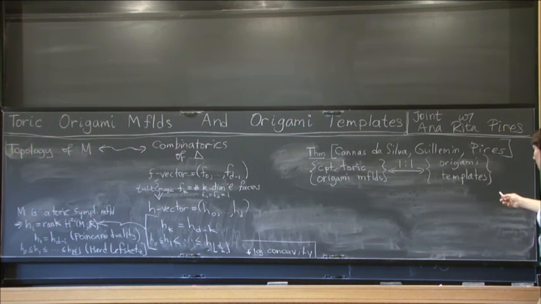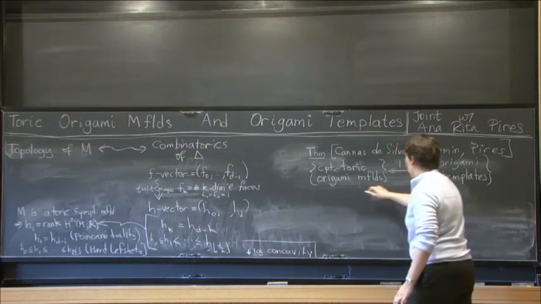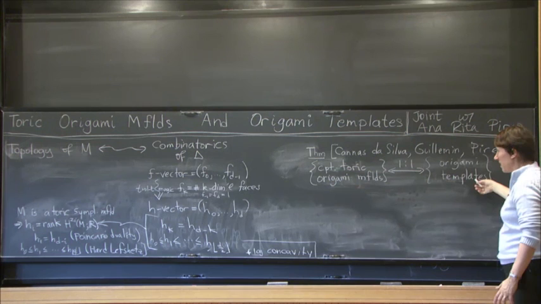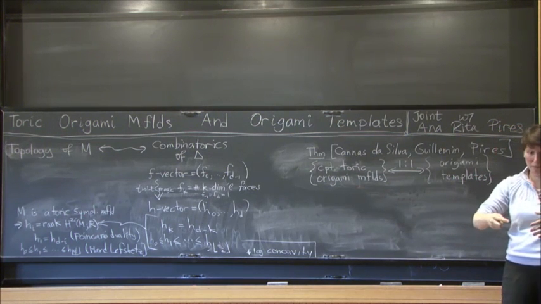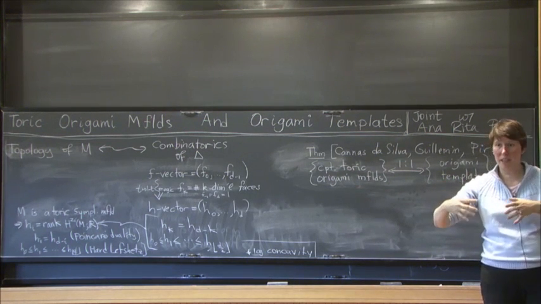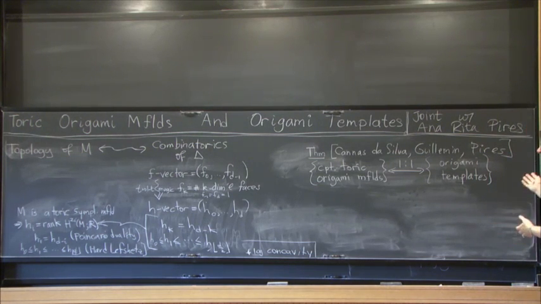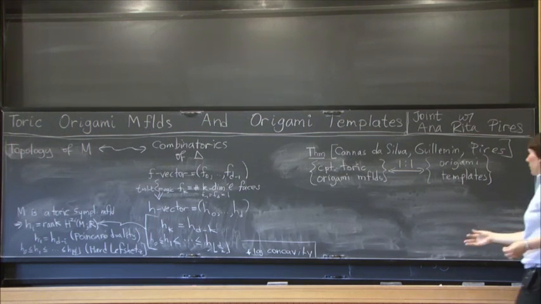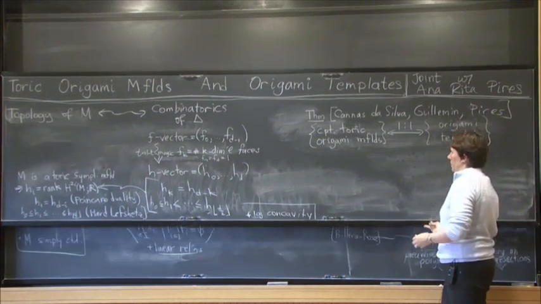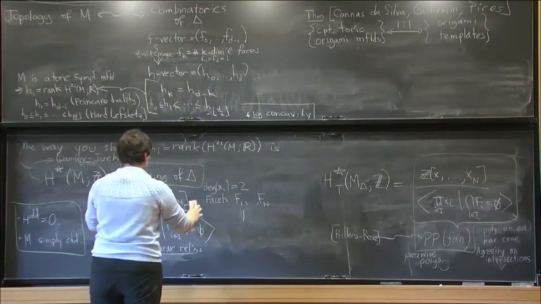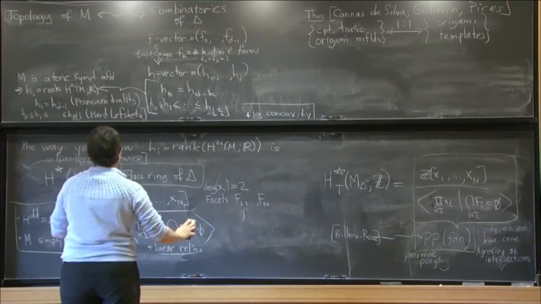Whatever these are, I can define them by origami templates, and then do the same trick as before: I take my template, think of it as the orbit space, cross with a torus, and collapse where I need to, to construct a manifold. To understand the combinatorics, I'll tell you what these origami templates are.